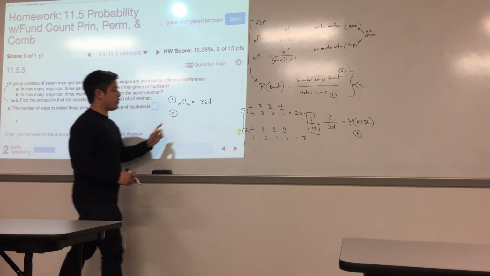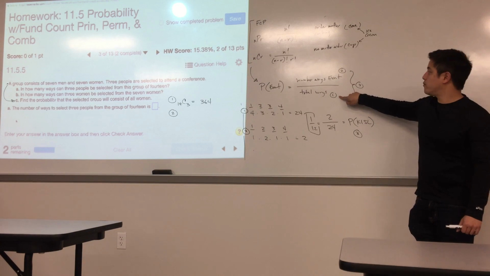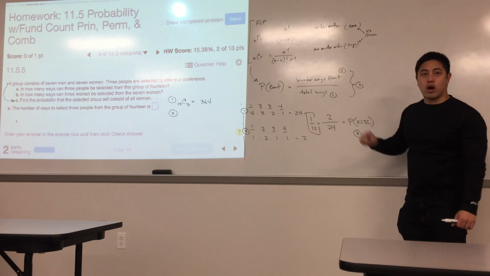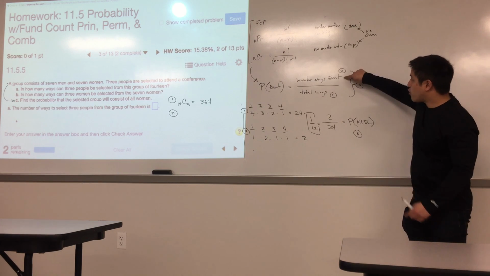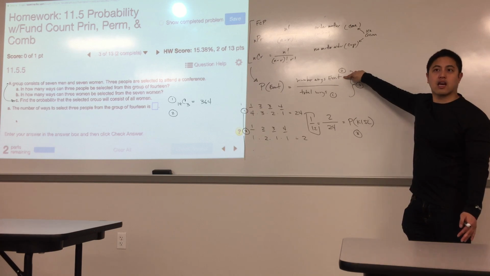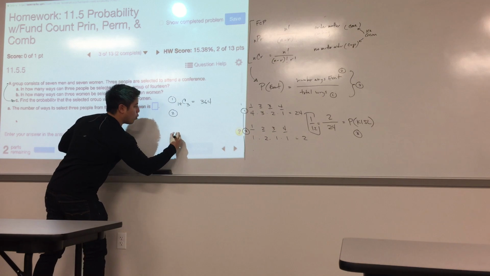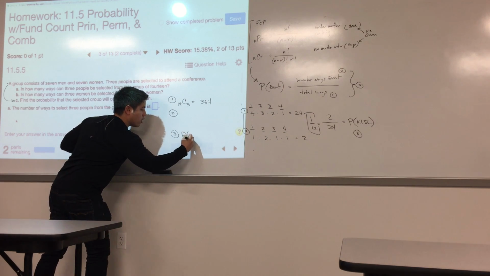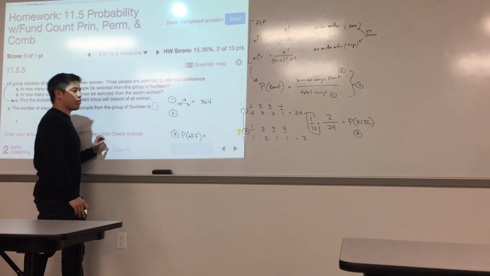Well, if we just found out the total number of ways that we can get a group of 3, now we want to know the probability of a group of all women. We first then need to find out the number of ways to select only women. Isn't that true? Okay, so they're asking what's the probability of getting all female people on the trip?